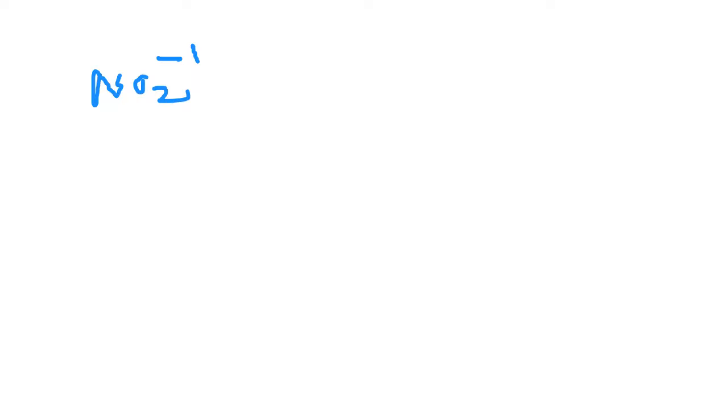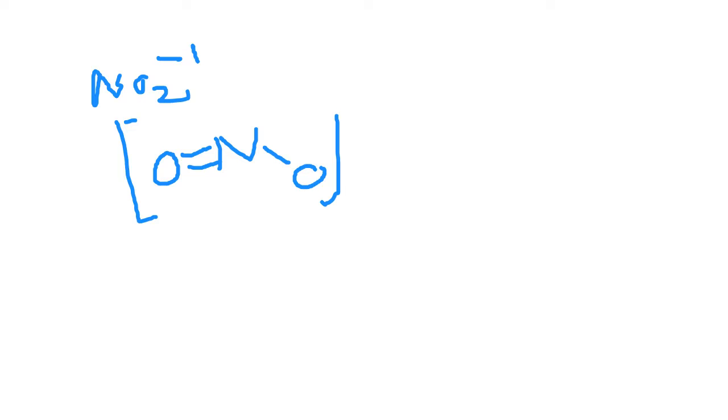We can write 2 types of Lewis structure. So it can be like that. Okay, I will put a little bit of valence electrons also. And we can also make it this way.